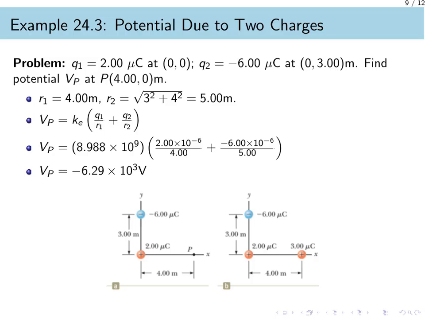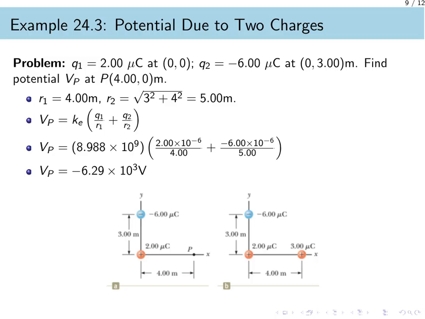Let us look at a numerical example. We have a positive 2 microcoulomb charge at the origin and a negative 6 microcoulomb charge on the y-axis at 3 meters. We want to find the total electric potential at point P, located on the x-axis at 4 meters. First, we determine the distances.